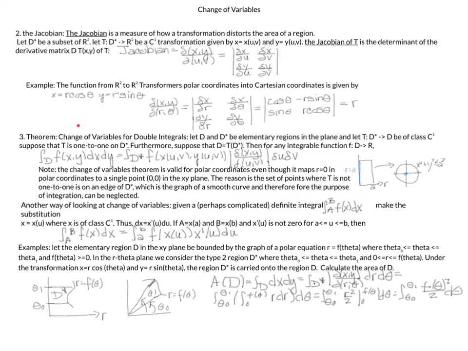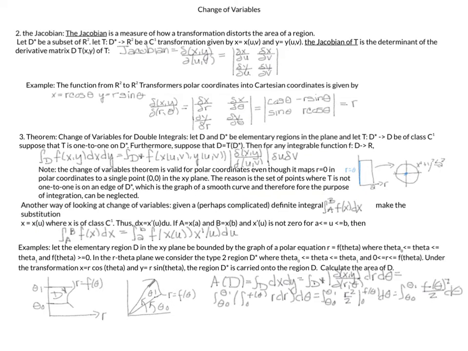But this theorem does work for polar coordinates, and the reason why it works is the set of points where T is not 1-to-1 is on an edge of D, which is the graph of a smooth curve, and therefore, for the purpose of integration, can be neglected.